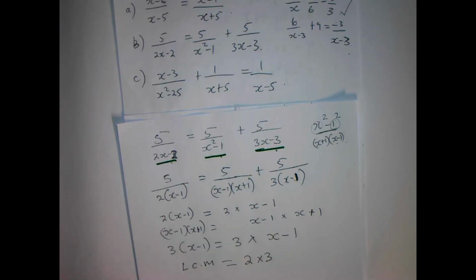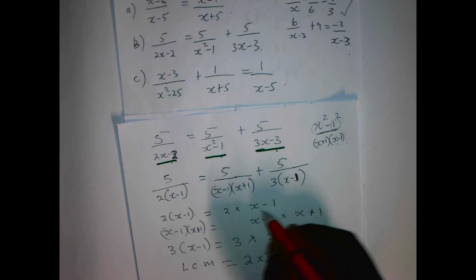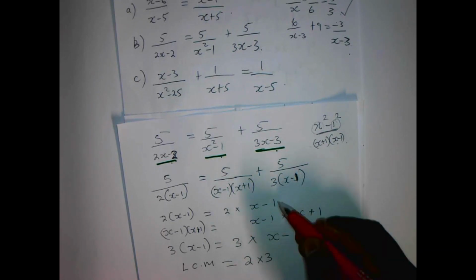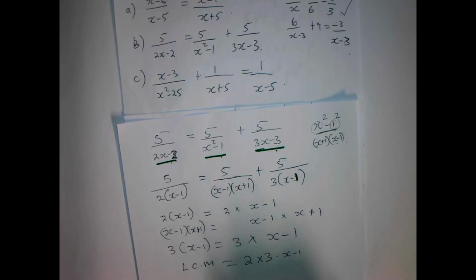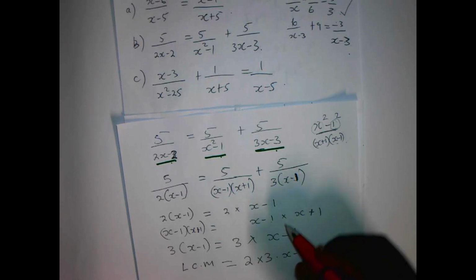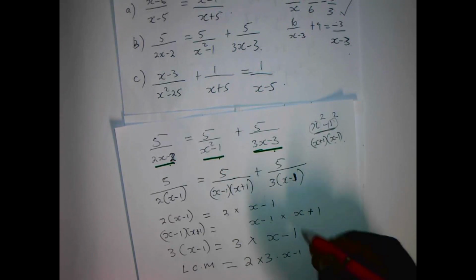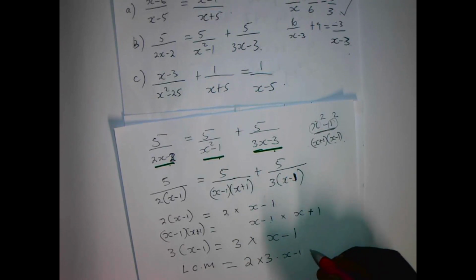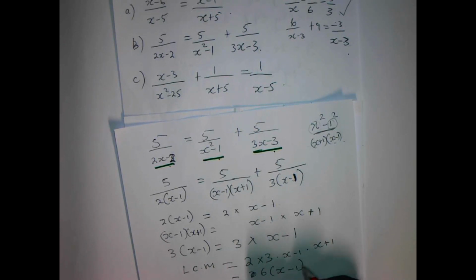Sorry for that. So here we take x minus 1, but we don't take everything. We just take it once. So multiply by x minus 1, which means x minus 1 is covering for all the x minus 1 that we are seeing. So for x plus 1, we take it also once, x plus 1. So our LCM is actually 6 times x minus 1 multiplied by x plus 1.